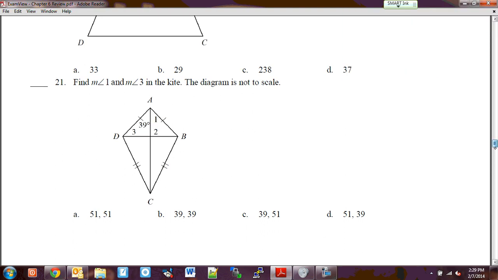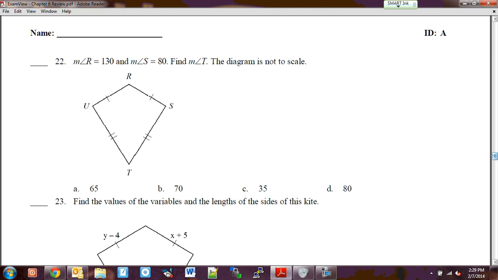22. The measure of angle R is 130 degrees. Measure of angle S is 80. Find the measure of angle T. Well, in a kite, the angles between the non-congruent sides, so in this case Q and S, they are supplementary.